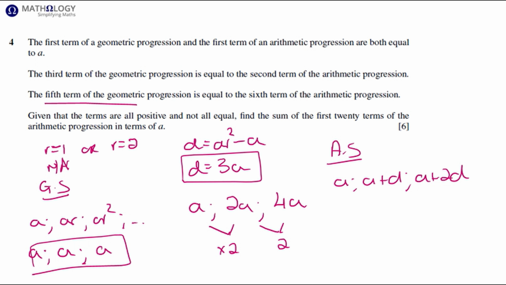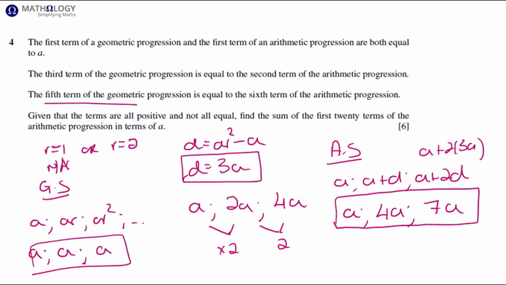So this is our common difference for the arithmetic sequence. So the sequence is a, a plus d, a plus 3a, so it'll be 4a, and then a plus 2d, a plus 6a, that's going to be 7a.